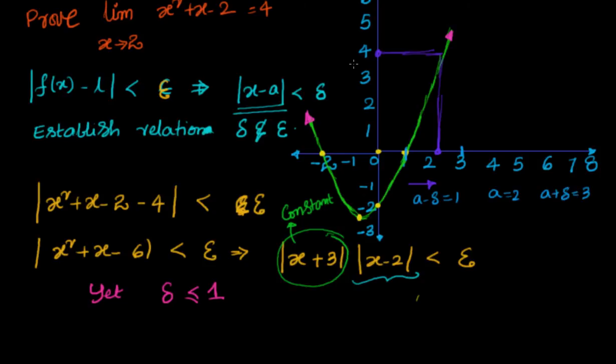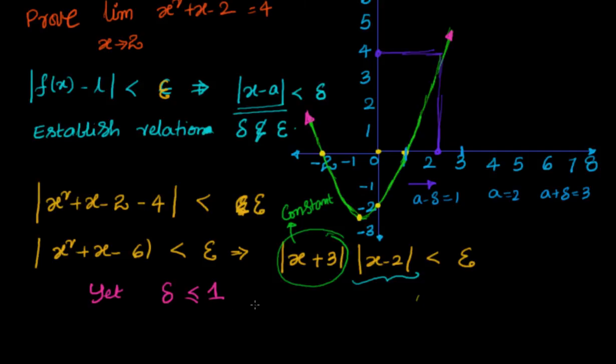That means whatever epsilon value you give, I will not deviate more than 1 from the a. That means I will not go outside 1 or outside 3. I will be between 1 and 3 only. So that is what we are saying. Let delta be less than or equal to 1.